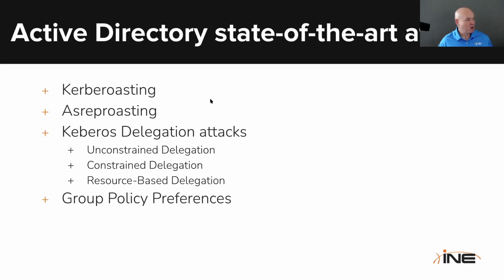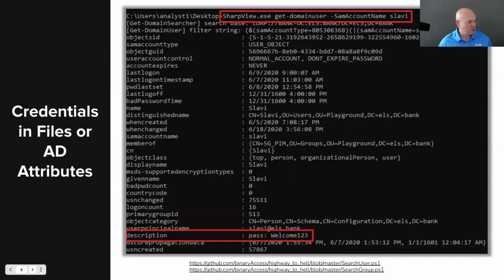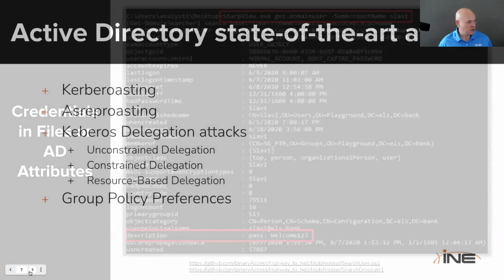Then Kerberoast, delegation attacks: unconstrained delegation, constrained delegation, resource-based delegation, and group policy preferences. There's a lot of things there for the on-prem. There's more resources out there as far as attacking Active Directory that you can research.